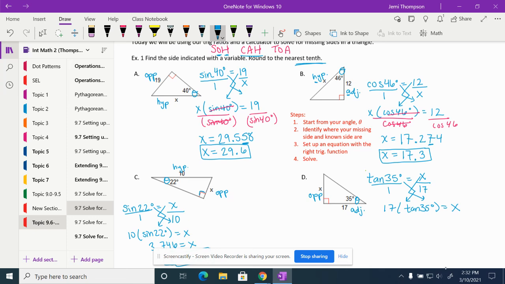Okay, when I get 17 times the tangent of 35, 11.903. So when I round to one decimal point, I get 11.9. Now, these problems here don't have any units on them. They could, right? We could include feet or millimeters or something like that, but just be aware that that could be part of the answer.